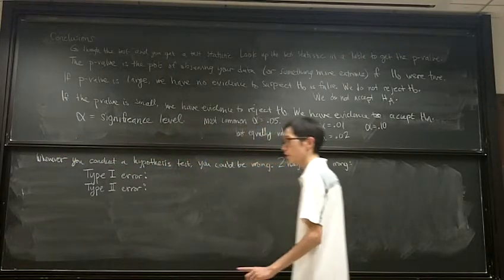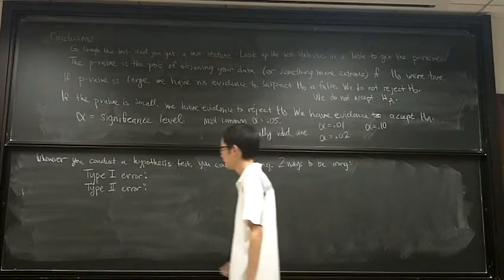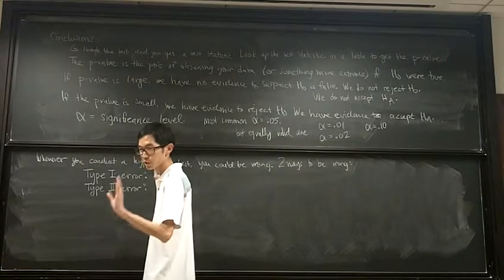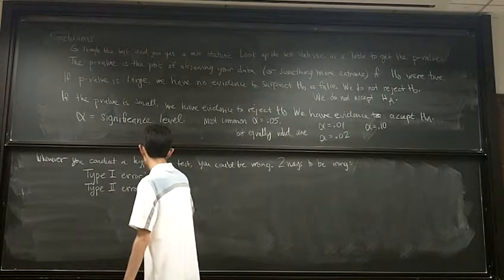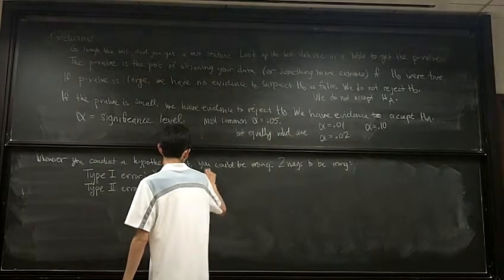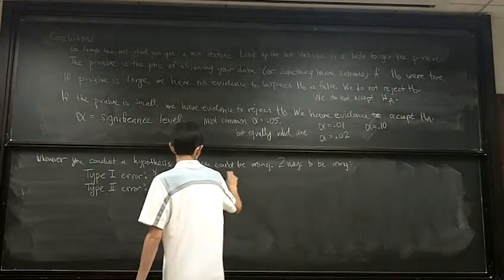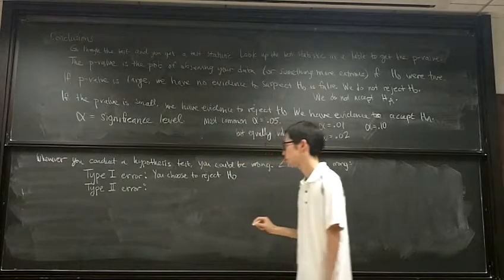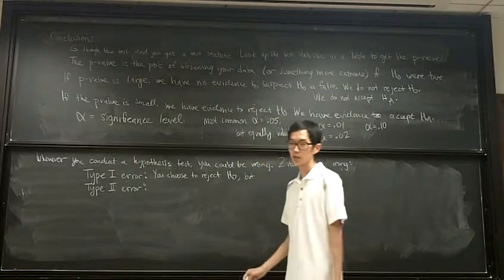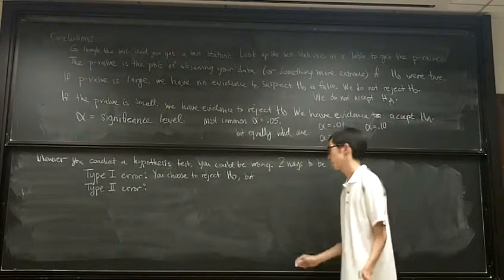Type 1 error happens when you choose to reject the null hypothesis, but all along the null hypothesis was actually correct.